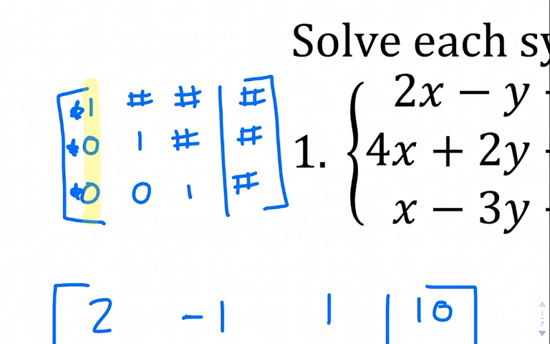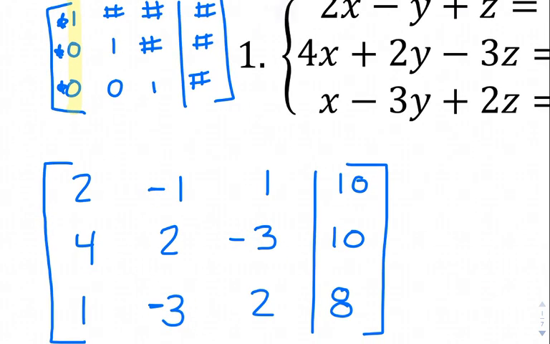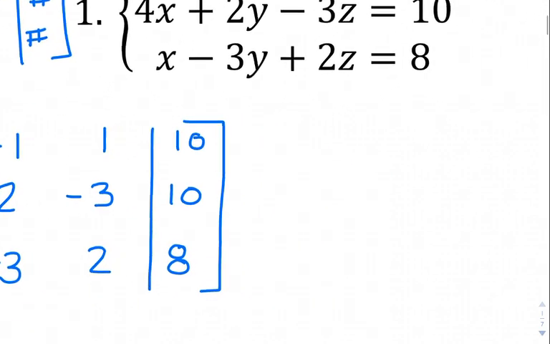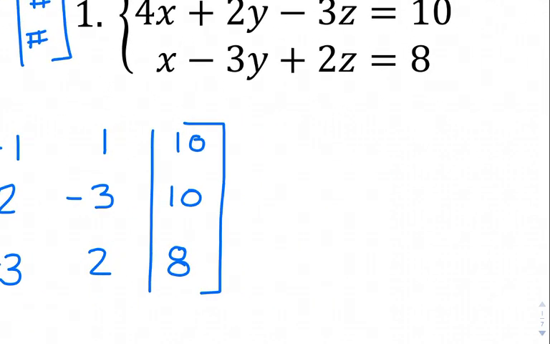However, when we try to rearrange this, remember, we're just working with a row, not the columns. So I know that I need a 1 in this spot here first. So what I'm going to do is look and see if any other row has a 1 in that spot. And I notice that row 3 does. So I'm just going to switch row 1 and row 3.